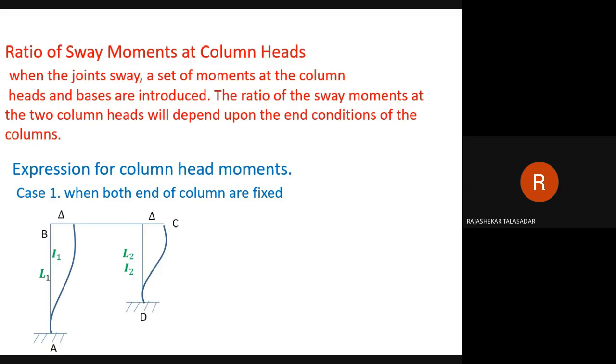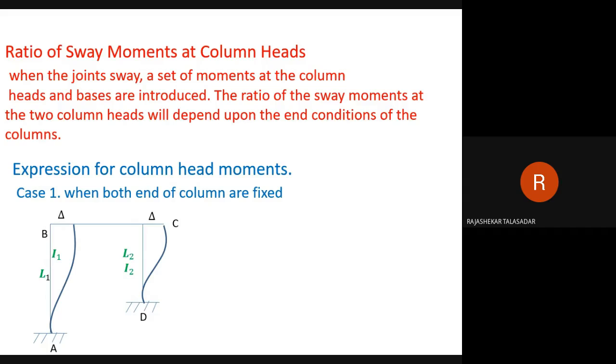So to deflect like this, what is the kind of moment required at end B for this column? To bring this B to this position, what is the nature of moment required at B? Clockwise or anti-clockwise? Say I want to bring B to B dash.